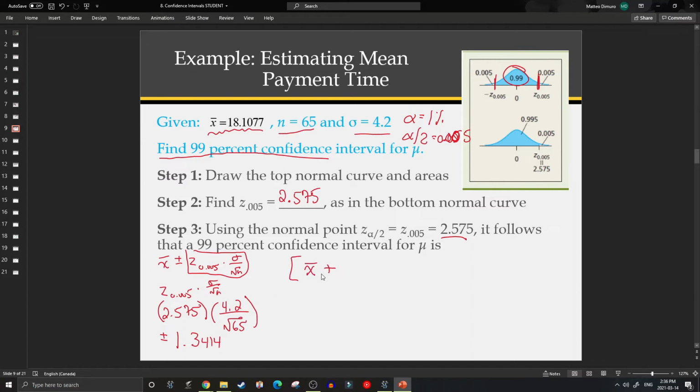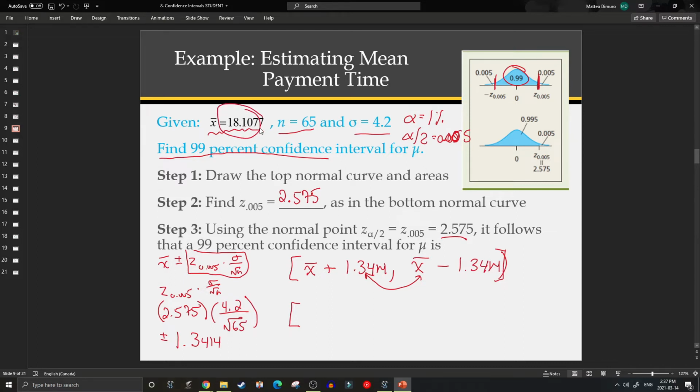Okay, so basically we're going to go x bar plus this number, 1.3414, and we're going to go x bar minus that number. Now, I actually just wrote it in the wrong order, okay, in the square brackets, right? We write the smaller number first and then the larger number. So for this one here, x bar minus 1.3414.